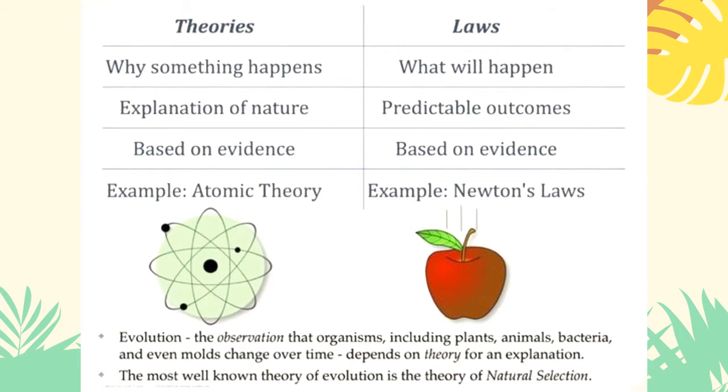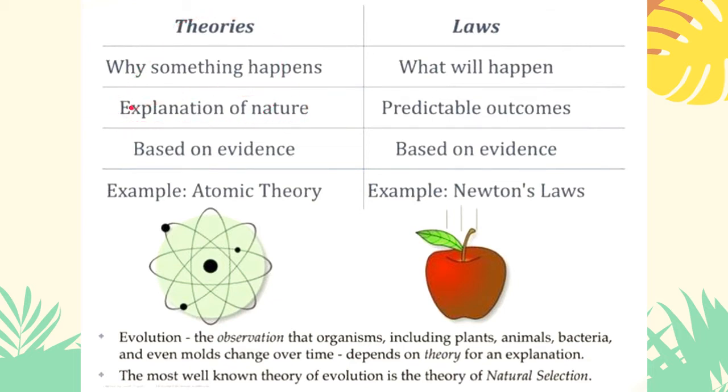So theories mostly try to explain what happened in the past and they try to predict what could happen in the future. It is an explanation of natural phenomena, of nature. What happened in Earth, what happened to space and time and matter, how the universe began. So they carry a huge weight.